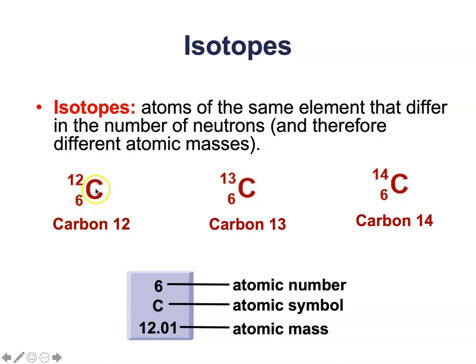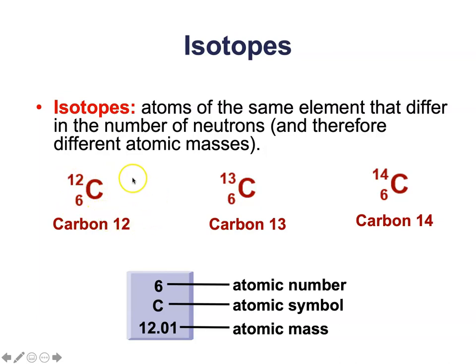Carbon-12 has 12 protons and neutrons, 6 of which are specifically protons. So if we have an atomic mass of 12, an atomic number of 6, that means we have 12 protons and neutrons, 6 of which are protons.